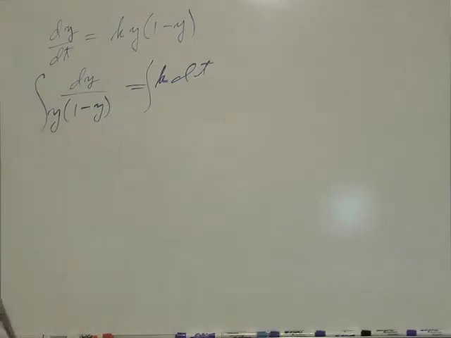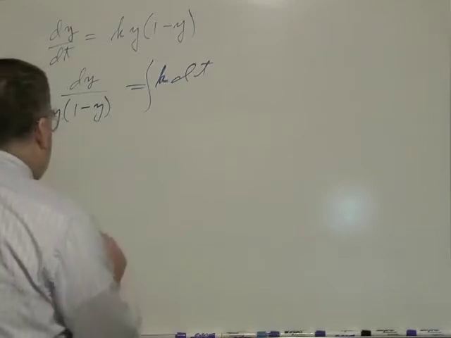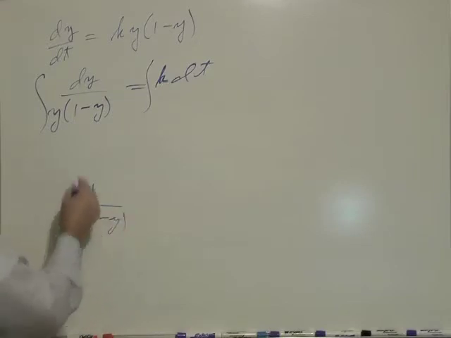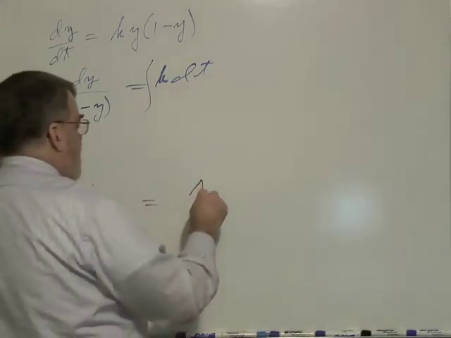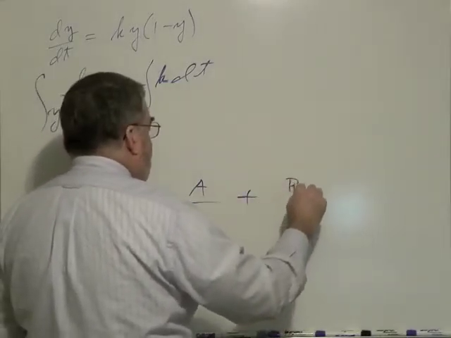So this is a real classic partial fractions integration problem, and let's just go through that technique real quick here. The idea is, it's kind of like our problem with the free fall we just did. I'm going to take this fraction and split it up into the sum of two fractions.